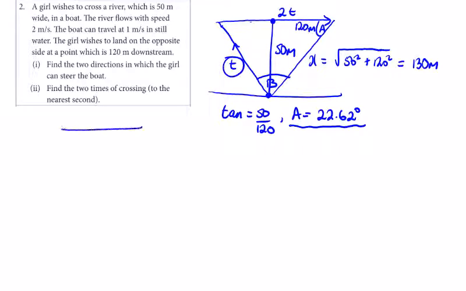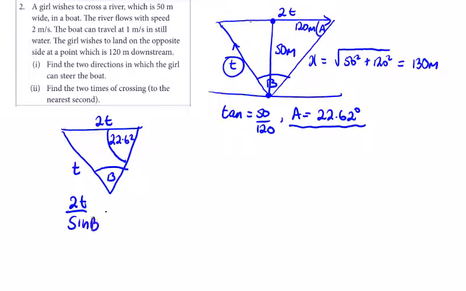So just do a little triangle again. So I have my 22.62. I have my flow of 2t and my flow of t. And I'm going to get this angle B. So 2t over the sine of B is equal to t over the sine of 22.62.